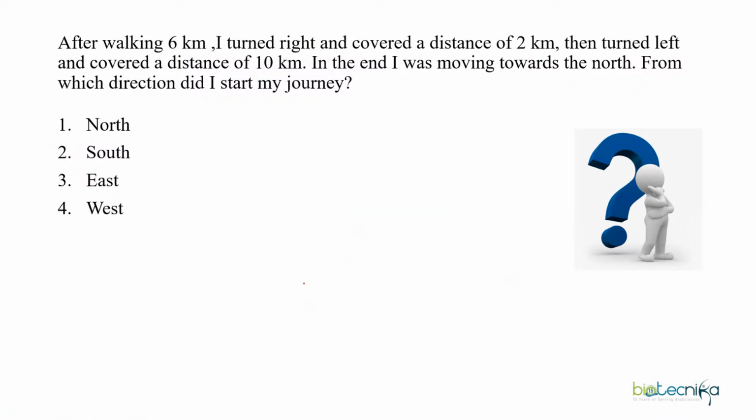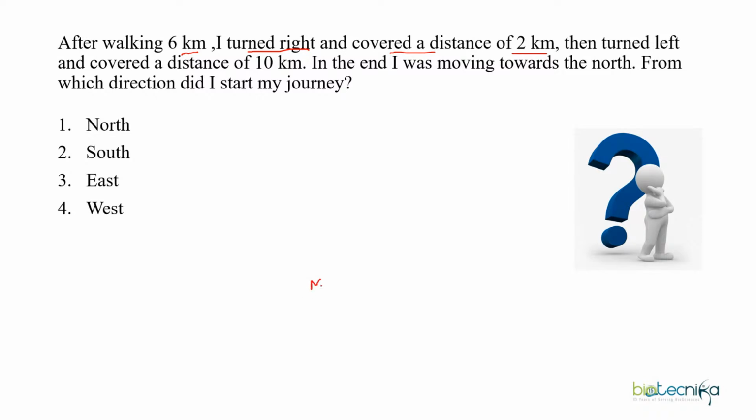Okay, so suppose this is me. Since it's saying after walking 6 kilometer, I turned right and covered a distance of 2 kilometer. As I said, always assume by default you are facing towards north.